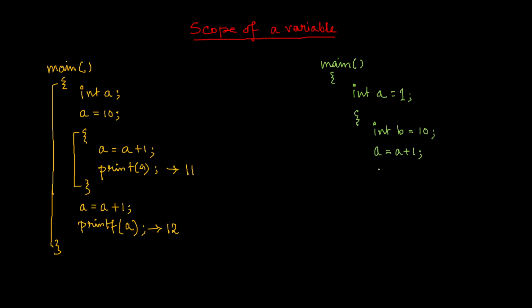And I've written print a plus b. It ends, and after this bracket, suppose I write again b equal to b plus 1, and again a equal to a plus 1.